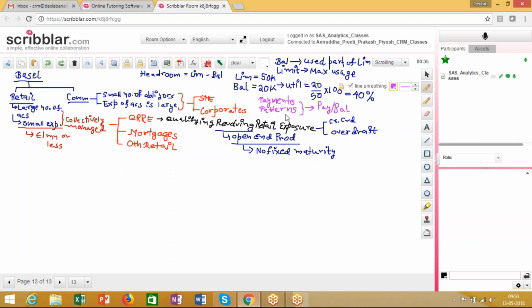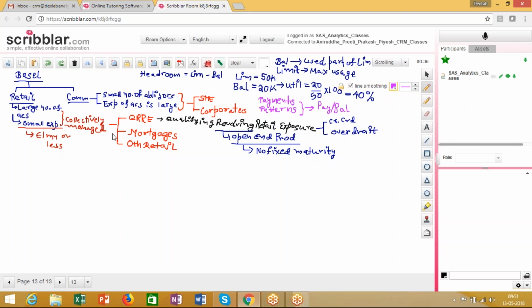Say, for example, how do I identify a very risky borrower from a low risk borrower? One very simple way to do this identification is to look into the utilization and look into the payment balance patterns.